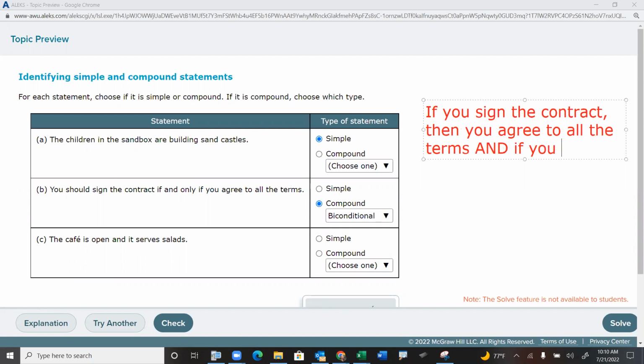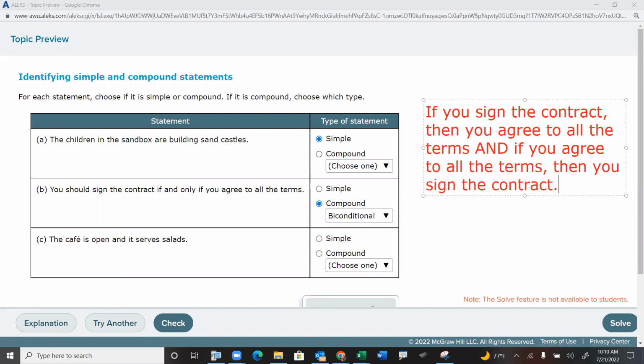And if you agree to all the terms, then you sign the contract. So it means both if then statements: if the contract then the terms, and the other direction, if the terms then the contract.